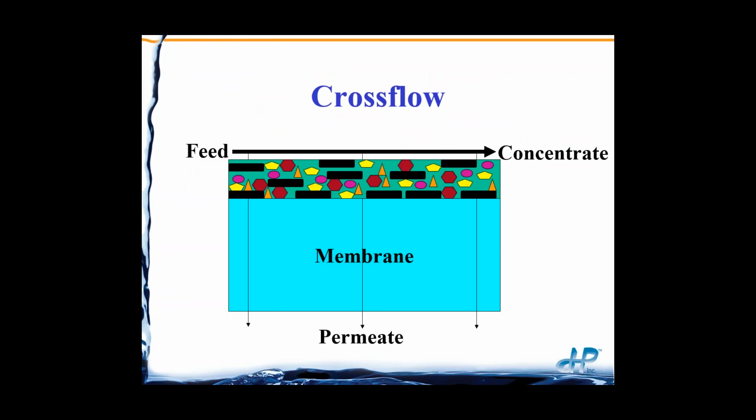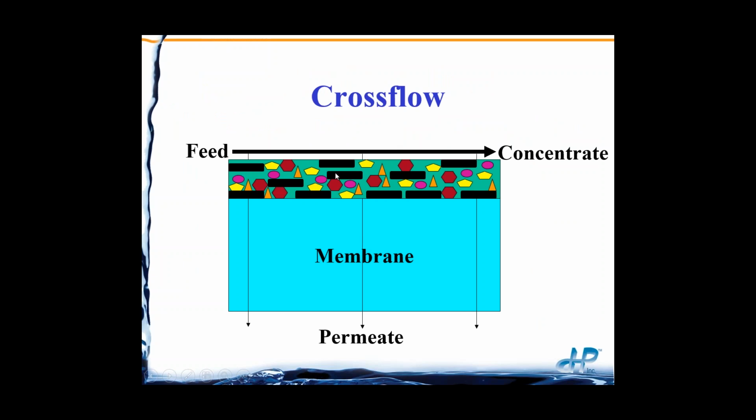The second parameter that controls your fouling rate is called crossflow. Crossflow is the flow rate tangential to the membrane. So this is the flow rate that scours or cleans off the membrane, removes the dissolved substances. But right at the surface of the membrane, water has to take a turn. So you don't have crossflow right at the surface of the membrane. This is called the boundary layer.